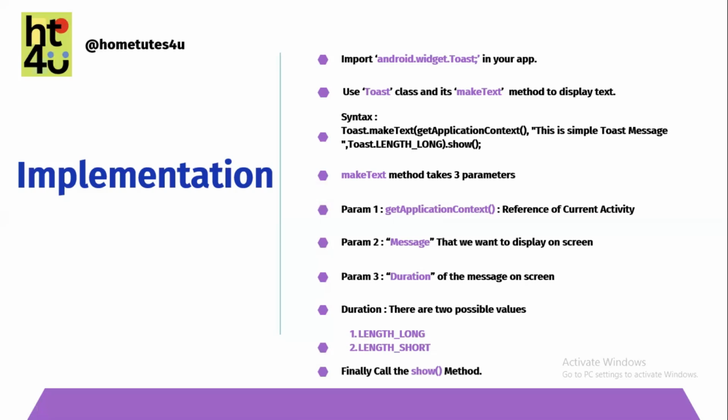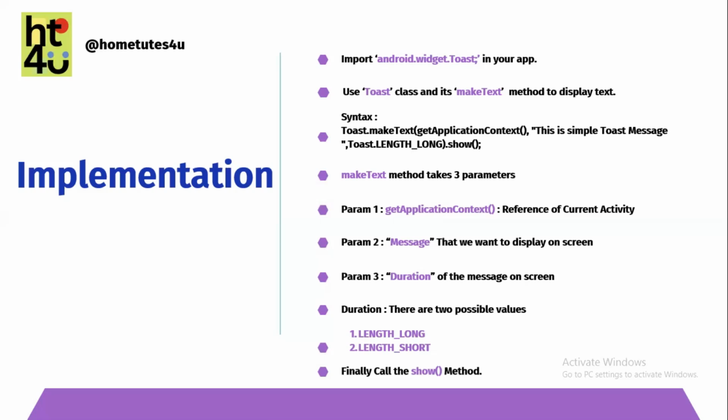As discussed, the makeText method takes three parameters. The first parameter is getApplicationContext, which is nothing but the reference of your current activity. The second parameter is the message that you want to show on your screen. It may be anything as per your requirement. And the third parameter is the duration of the message on the screen.